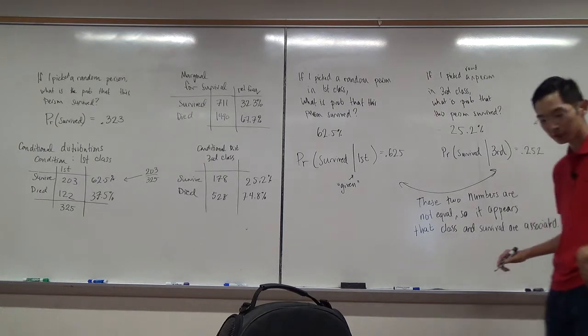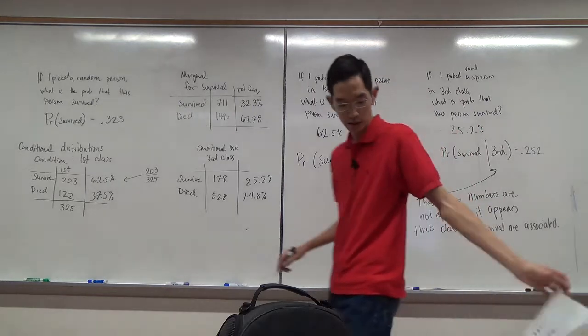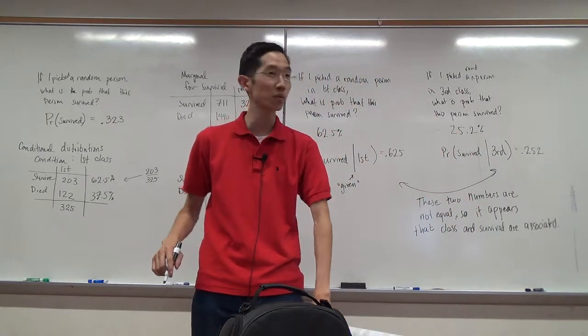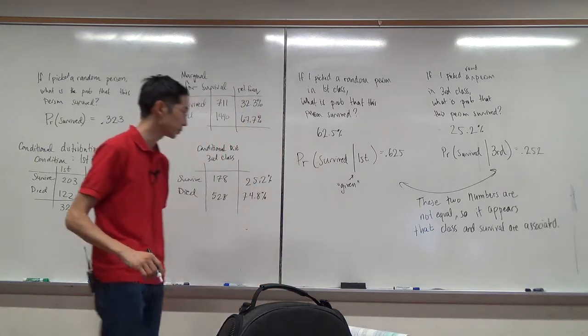The two categorical variables, class and survival, appear to be associated because those two numbers are not equal.